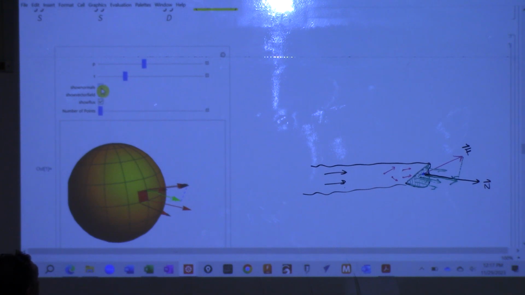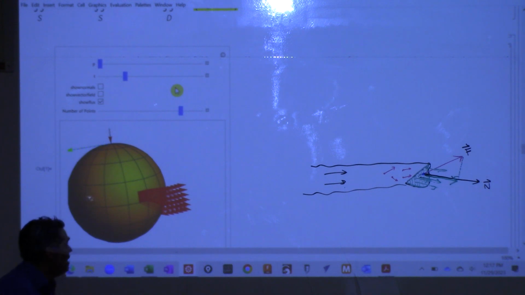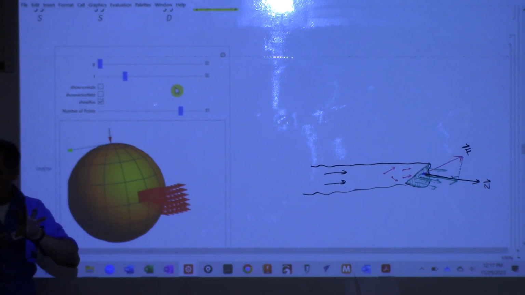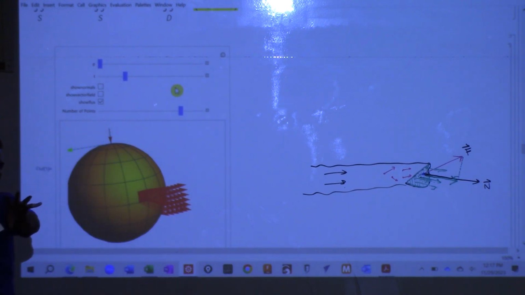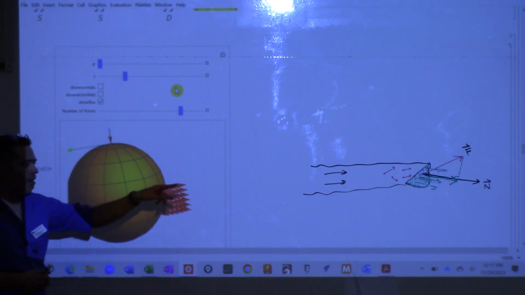Now let me take those out. So that right there is basically the field projected onto the normals. So it's giving me the flow out. And what I want to do is I want a lot more of them. I don't want just those. I want a bunch of them, right? And I want to have an infinite number of them in there. And so I get the total flow coming out of that patch. Now this could be water flow.